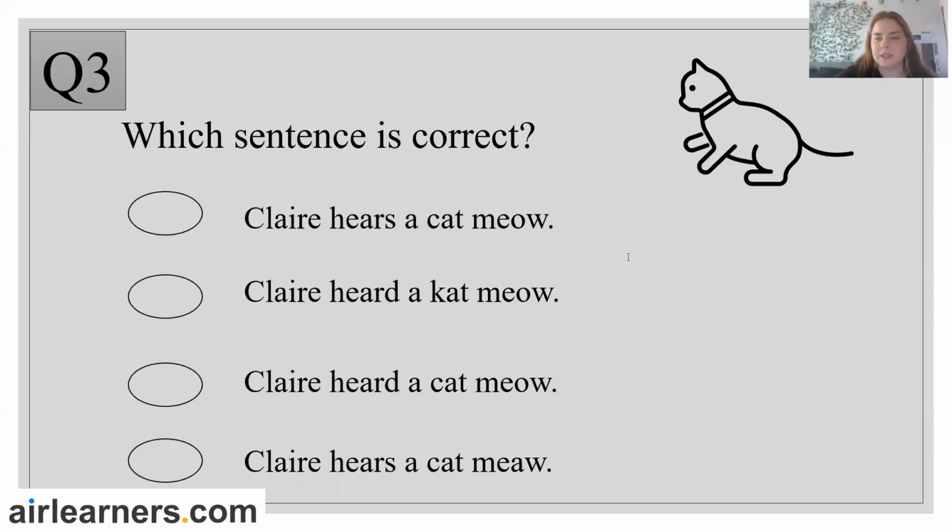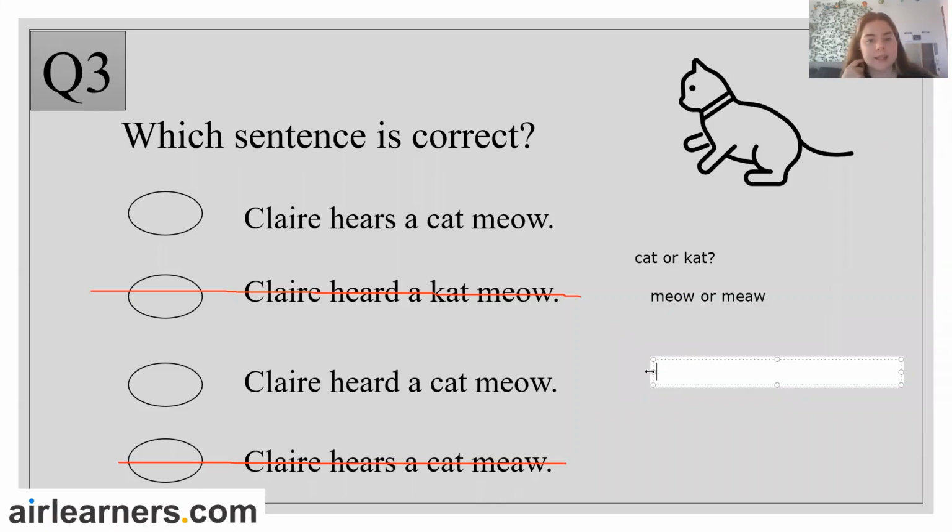Now, our next spelling difference is cat or cat. Which one is spelled correctly? It's C-A-T is spelled correctly. So we can just go ahead and eliminate this second answer because we know that that's incorrect. Now, our next spelling difference is meow, or meow with an A. So we already know that meow is spelt with an A. So we can eliminate that one right there.